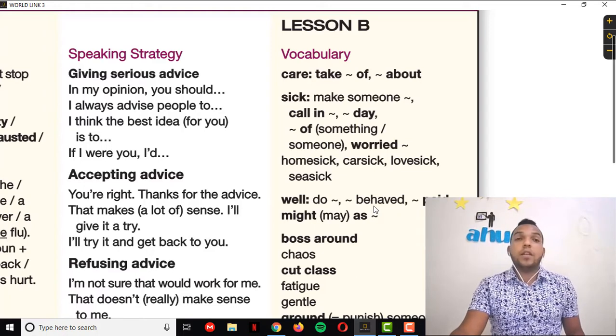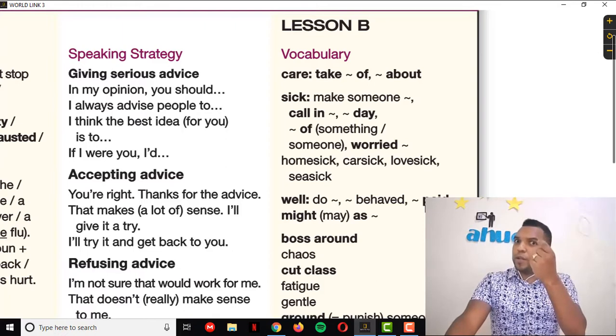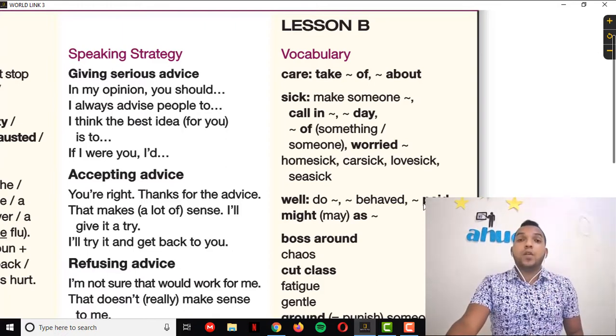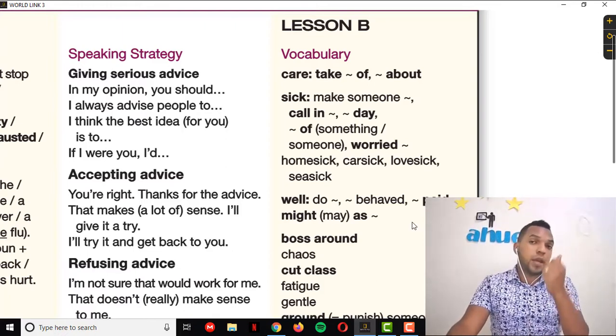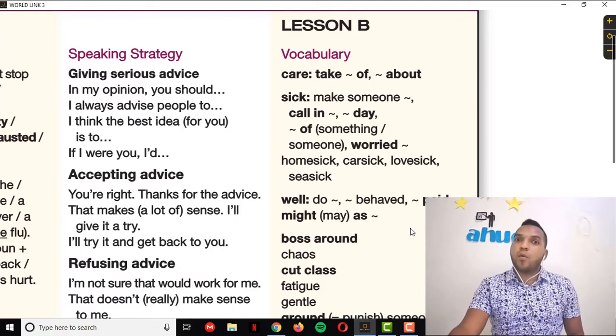Do not disturb, and pay attention to what your teacher is telling you. So if you do that, you were well behaved. Well paid: when you work in a company, you have a really good job, so you get good money. So that is a well paid person.